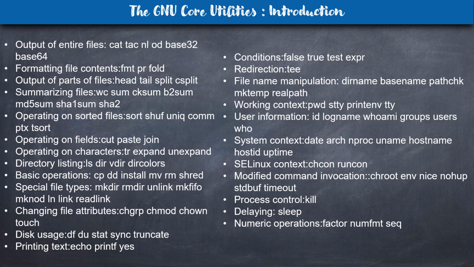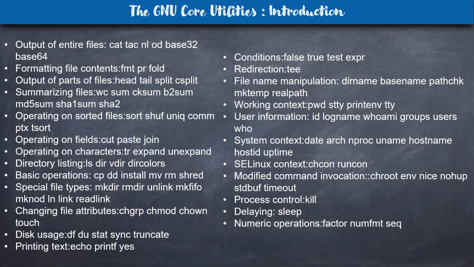Then directory listing, for this we have ls, dir, vdir, dircolors. Basic operations like cp, that is copy, dd, disk copy, then install, mv, rm, shred. Special file types like mkdir for making a directory, rmdir for removing a directory, unlink.